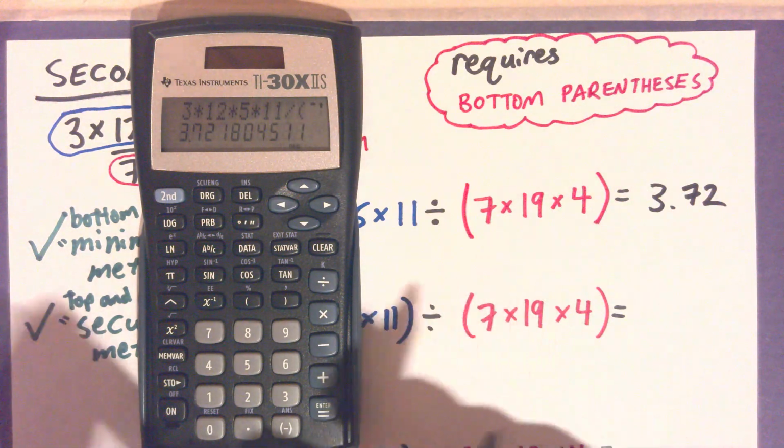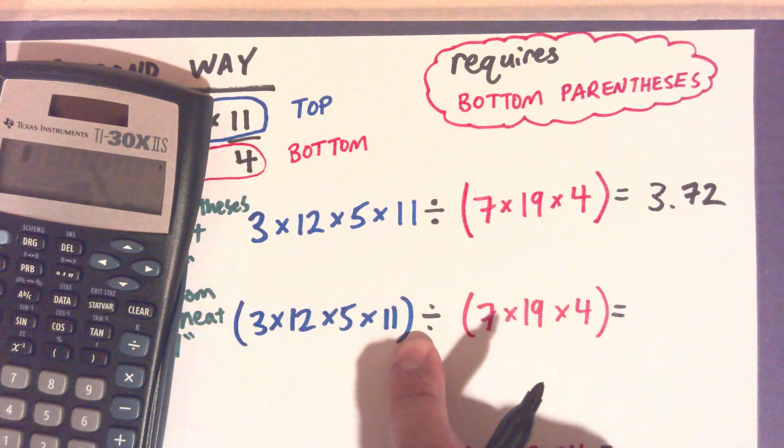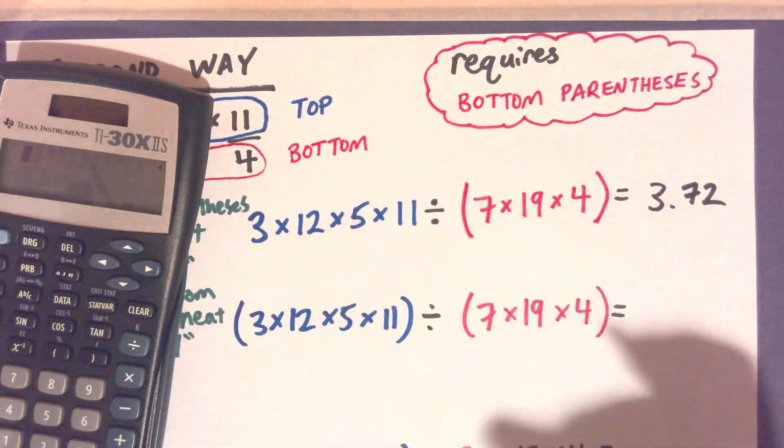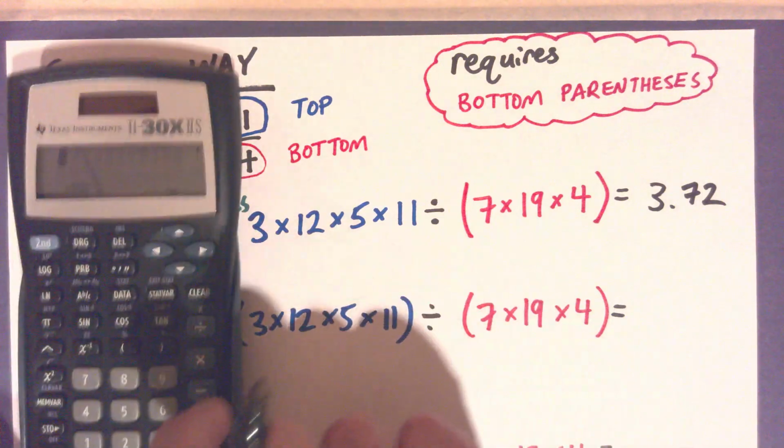All right. You are welcome to put parentheses for the top portion as well. Maybe that makes things feel neat, tidy, secure, those sorts of things. All right, so I'll show you.